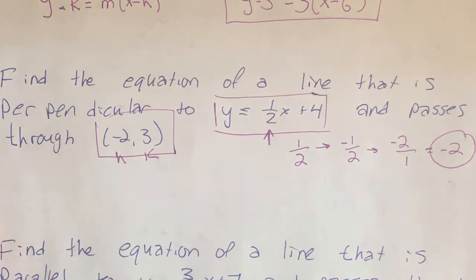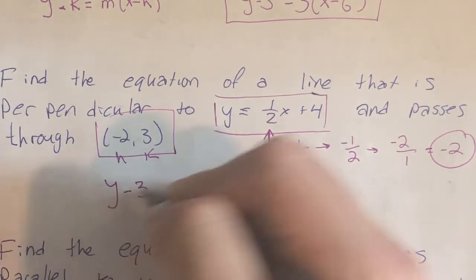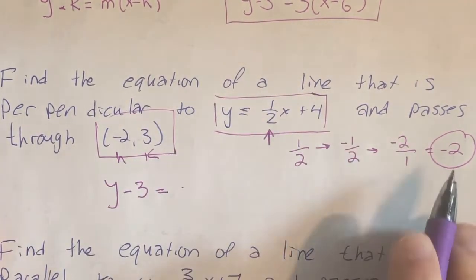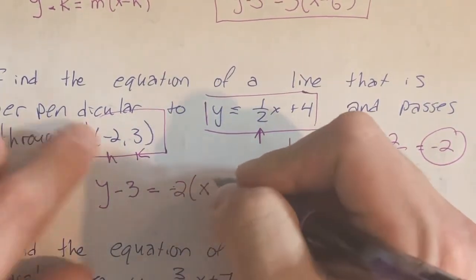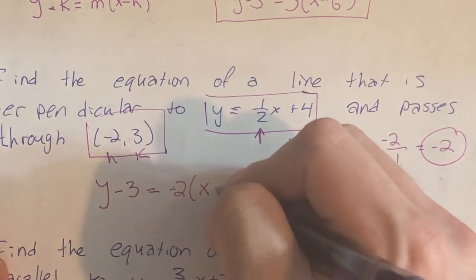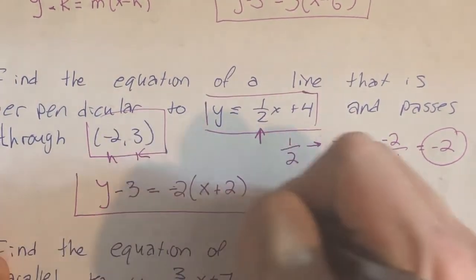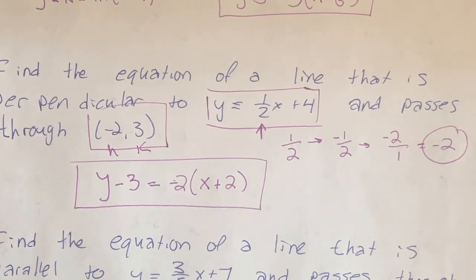And since we want to go through the point (-2, 3), we write y minus 3 equals negative 2 times x, and be careful, this is a negative 2, so we want it to be plus 2. So we have y minus 3 equals negative 2 times (x plus 2).